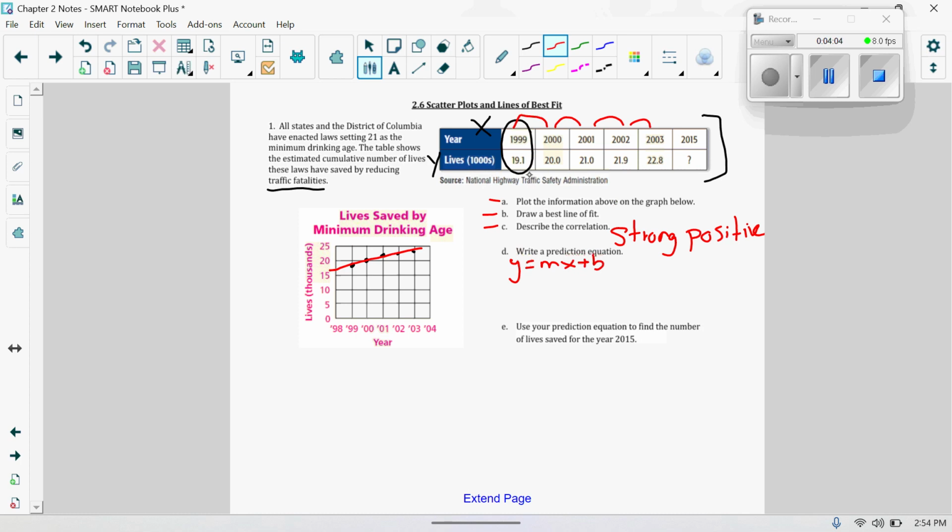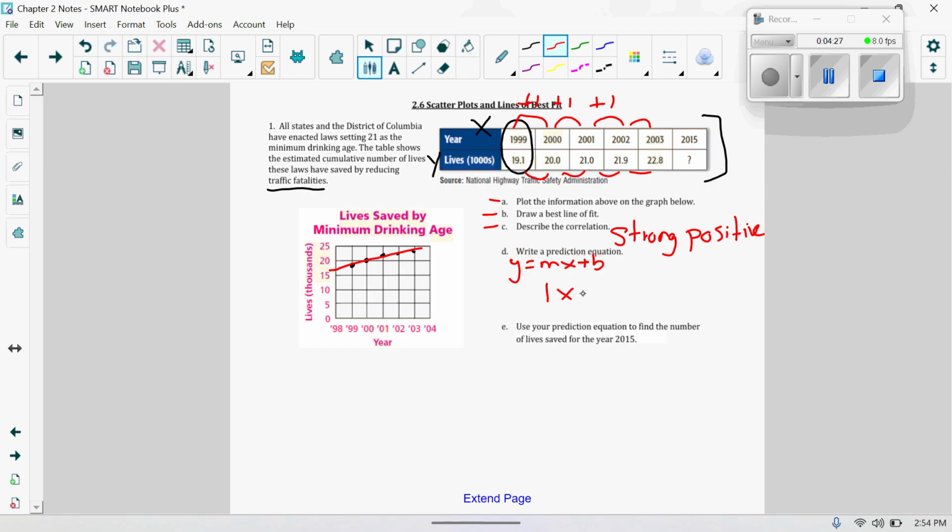So my slope as I go up here, as I go up by 1 year, it looks like I go up about 1 on my y variable as well. Not perfectly 1, but pretty close. So I'm going to say 1 is my slope.